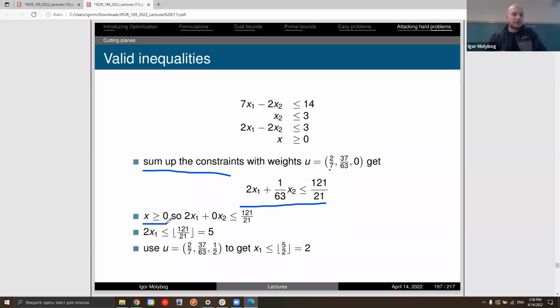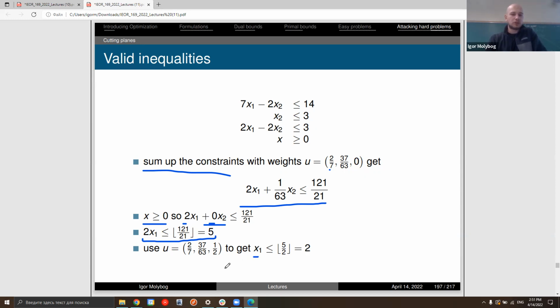We know that x is greater than or equal to 0, and so for 2x1 plus 0x2, basically we are flooring down both of these coefficients, it is less than or equal to 121/21, and therefore this inequality results in saying that 2x1 is less than or equal to the floor of 121/21, which is 5, and therefore x1 is less than or equal to the floor of 5/2, which is equal to 2.